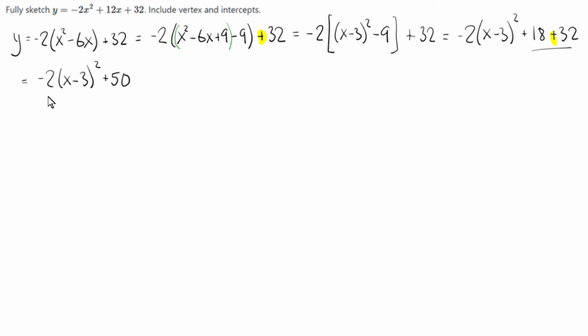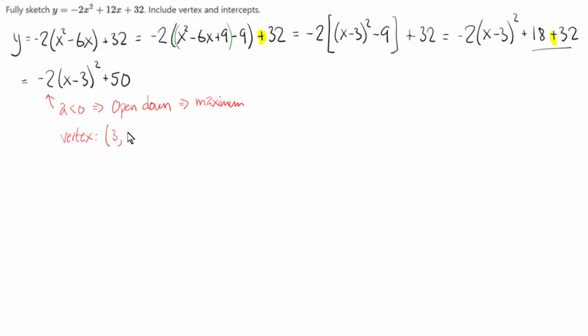And we can see that the numerical coefficient a is less than 0. That means that this quadratic function will open down, and as a result, it'll have a maximum. The coordinates of the maximum will be the coordinates of the vertex. So the vertex is going to be, the x-coordinate is positive 3.